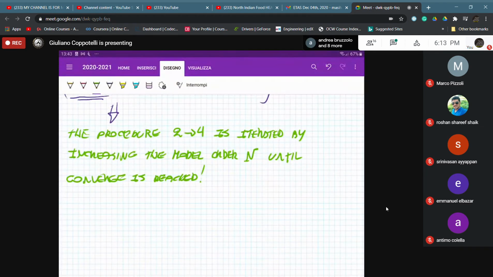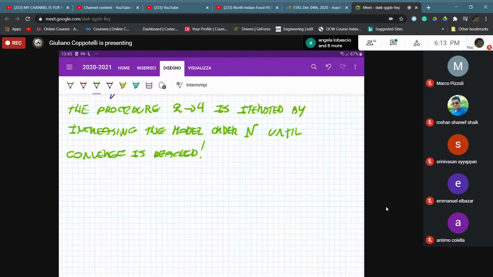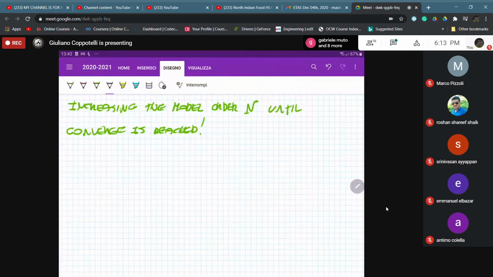In this stabilization diagram, what we are having is two completely different quantities that are plotted one over each other. Let me show you how the stabilization diagram looks like.